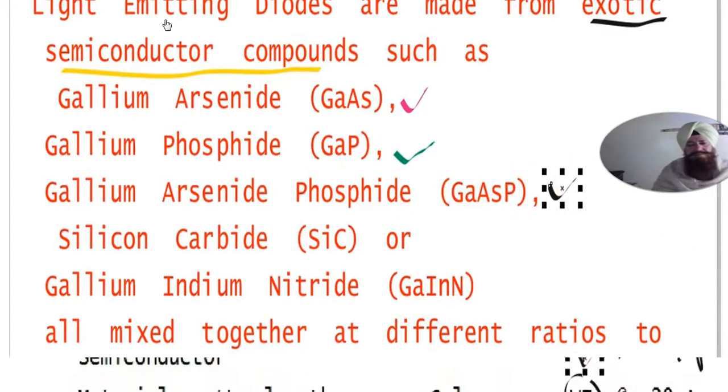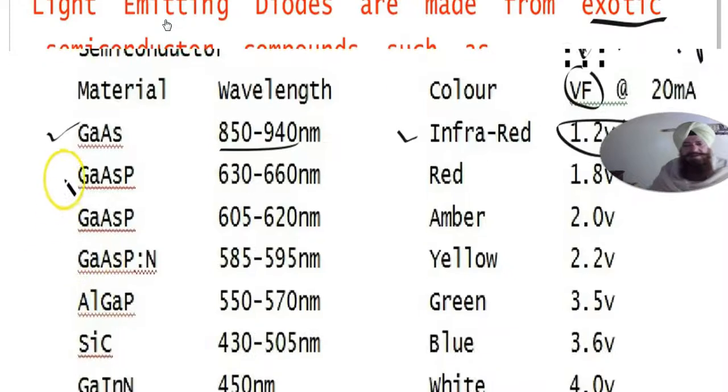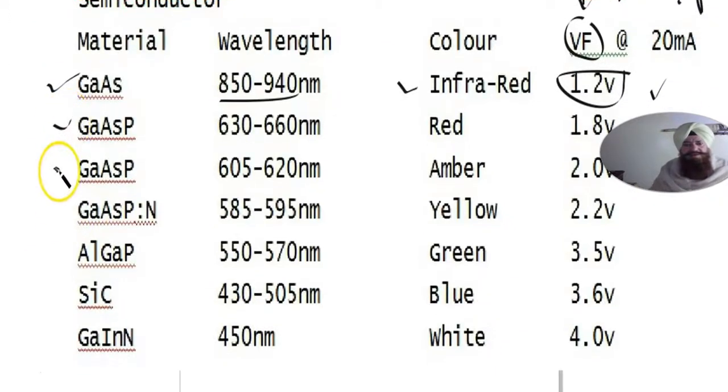Okay, so it's very simple, but now we're coming here. What is shown: there are different semiconductor compounds. Now the wavelength which is emitted by a compound, that is the color, then the forward voltage which is required.